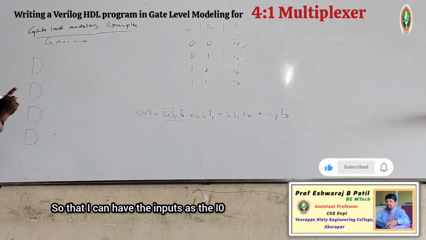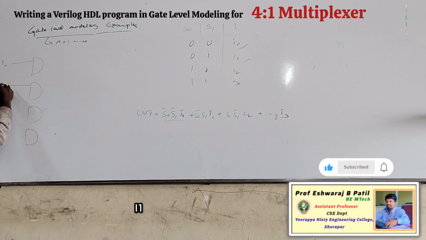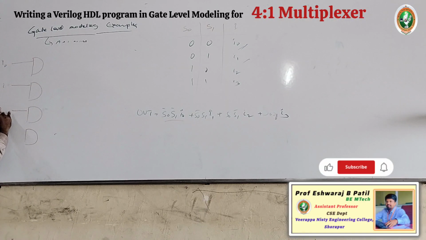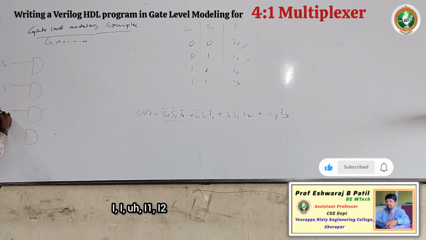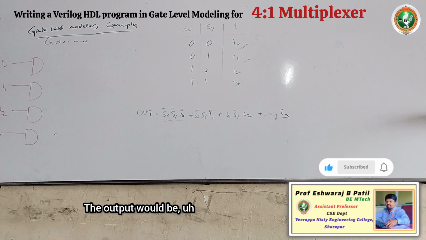So I can have the inputs as I0, I1, I2, and also I3. The output would be what?